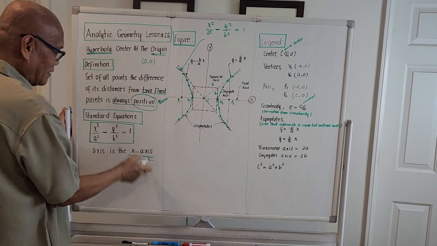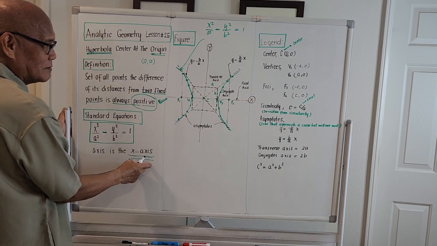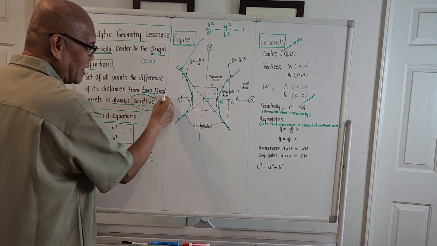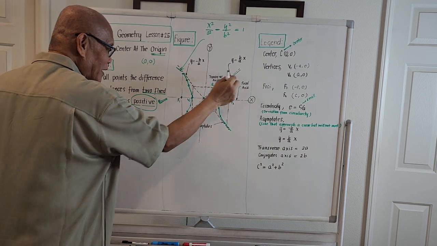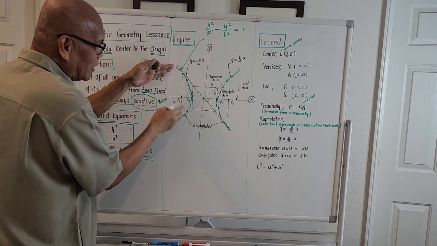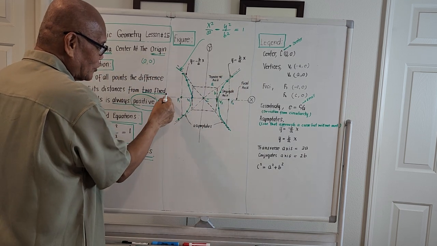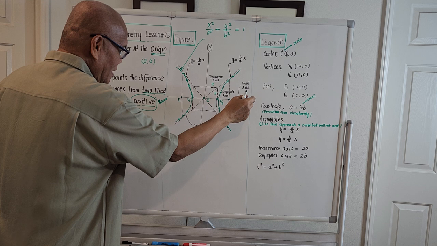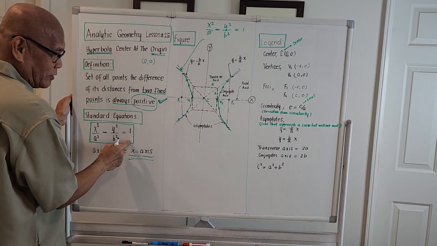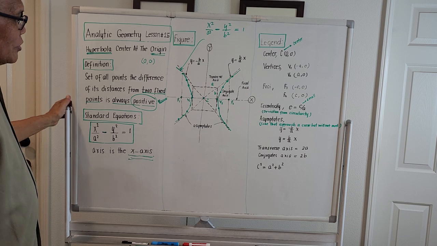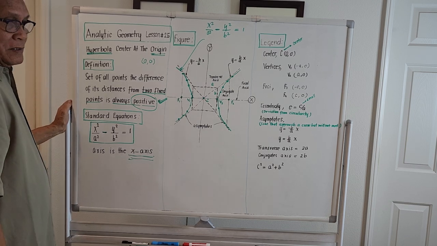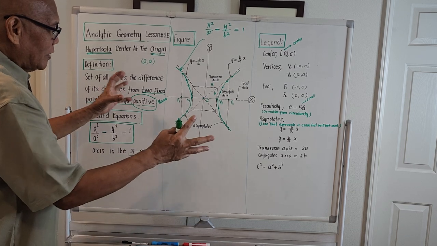So for this one here, the axis is actually the x-axis, because this line here subdivides the left curve and right curve into 2 equal curves, right? So this is the axis of the hyperbola considering this equation here. Okay? And the designation of the figure, it's all in here.